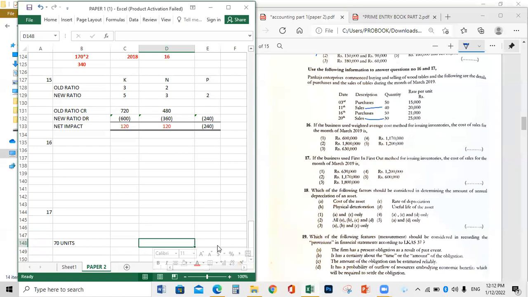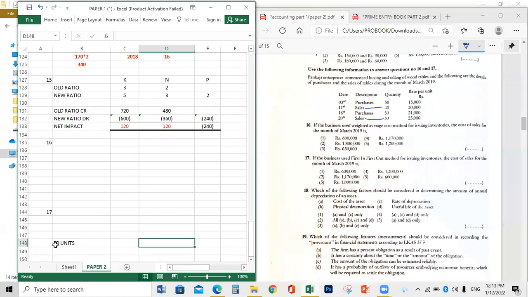First. Yes. Because first in, first out says which came first goes out first. So then, guys, if cost of sales is the cost of the goods you sold, you will sell the goods which came first, right? So these 70 units which you have sold will include the price of goods which came first.